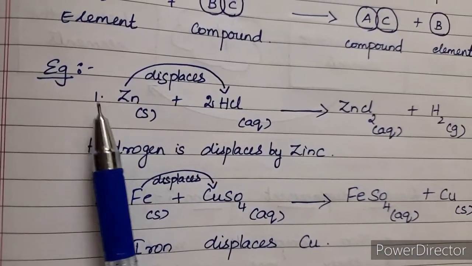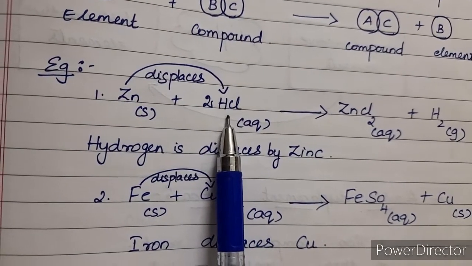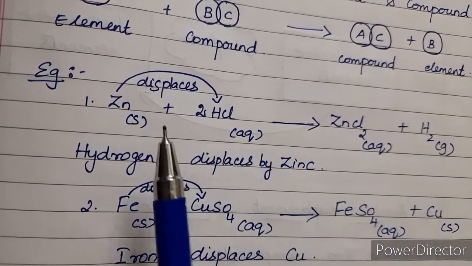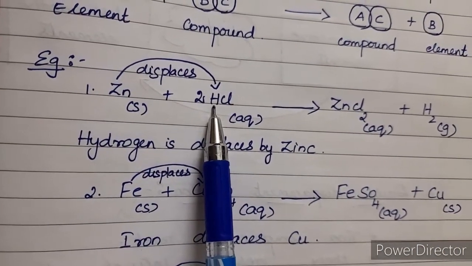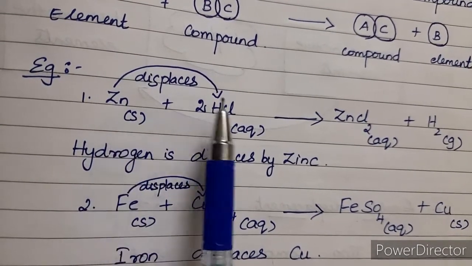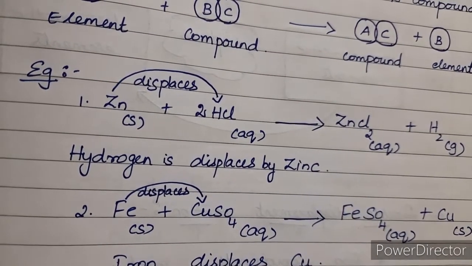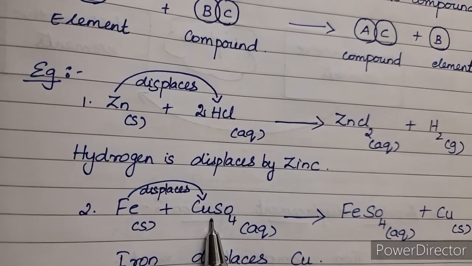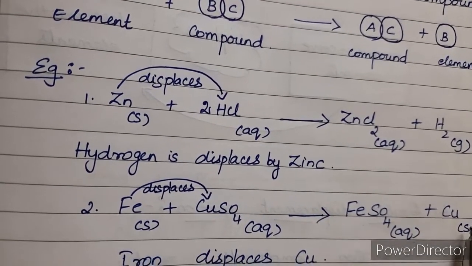Now let's see the example. When zinc is placed in the hydrochloric acid solution, hydrogen will be liberated and the displacement takes place, isn't it? What is displaced? Hydrogen is displaced by zinc. So zinc displaces the hydrogen and zinc chloride is formed. Now let's see the second example. Here iron combines with copper sulfate and forms iron sulfate and copper.